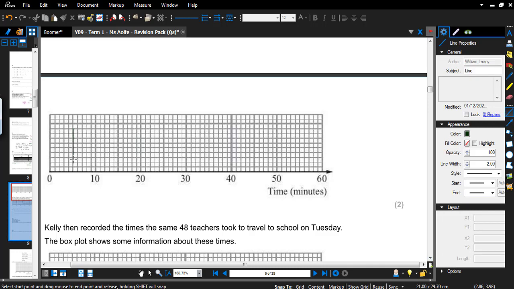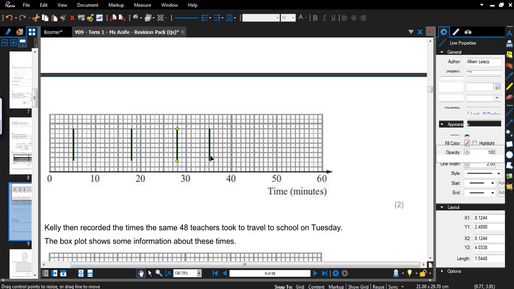Right, so you put a line in. So it's 5. That looks like 5 to me. 18 is here. 28, 35. Where is that line?